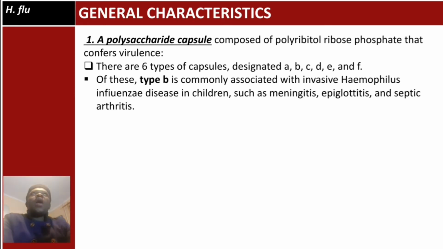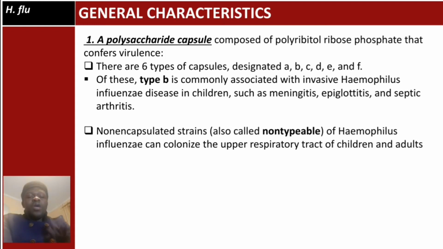There are about 6 types of capsules designated A through F. Of these, only type B is commonly associated with invasive Haemophilus influenzae disease in children, such as meningitis, epiglottitis, and septic arthritis.